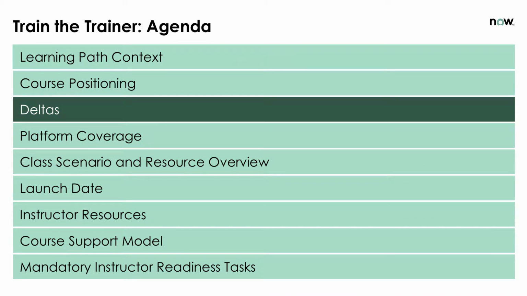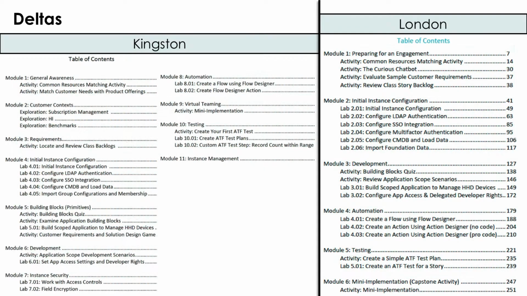Let's take a look at the deltas between Kingston and London. Here we're looking at the table of contents from Kingston on the left and London on the right. One of the biggest differences is that we went from a 5-day format for the class to a 3-day only format.